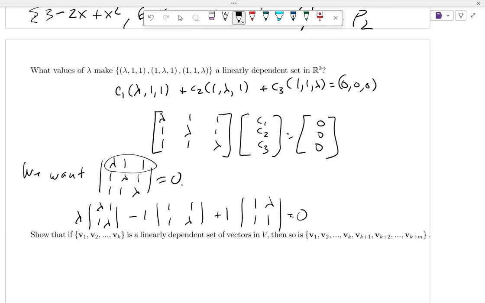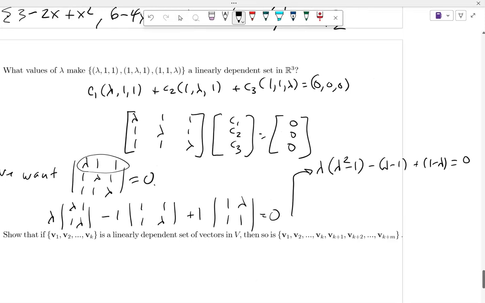This is going to be what? You have lambda times lambda squared minus 1 in the first one. The other one's just lambda minus 1. Right? The other one is 1 minus lambda. We agree? Okay. And equal to 0.